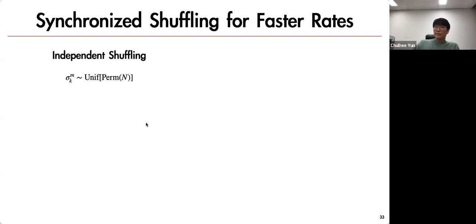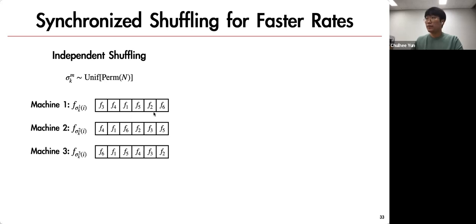For the case of independent shuffling, the vanilla algorithms, we choose the permutations sigma_m^k just independently. So these are the independent shuffles.